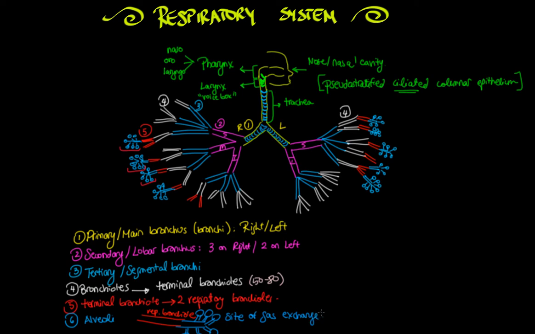So this brings us to a very important point. The respiratory bronchioles, as well as the alveolar sacs, belong to what we call the respiratory zone. As for everything else, starting from the terminal bronchioles and upwards, these belong to what we call the conducting zone.